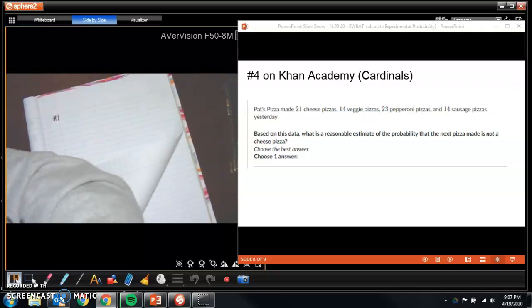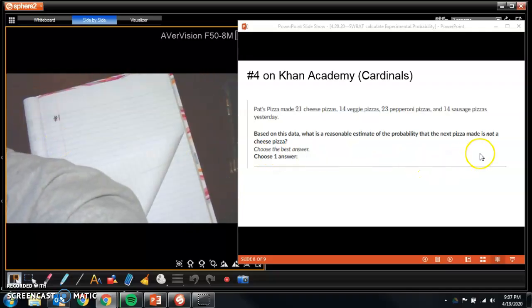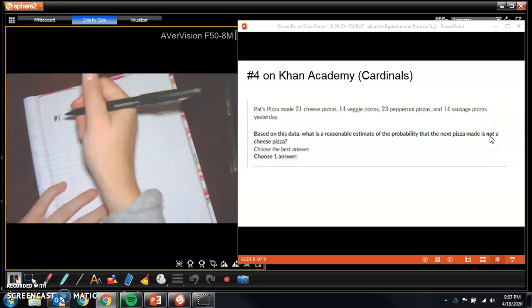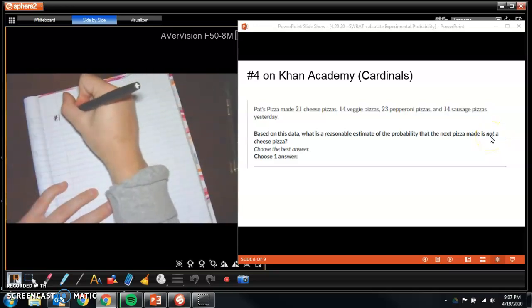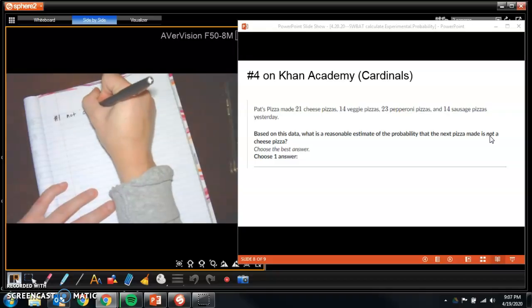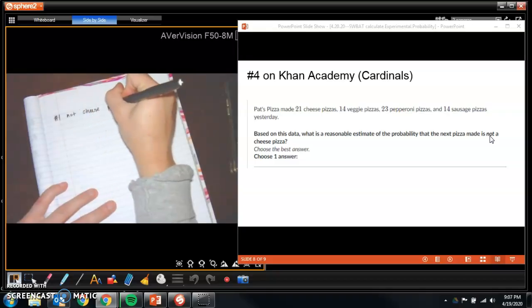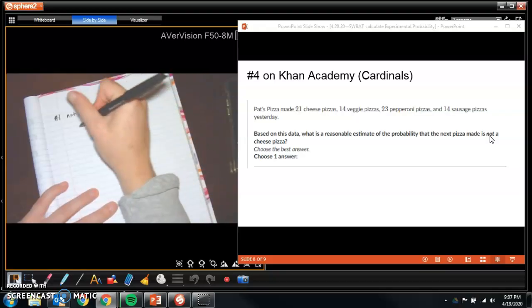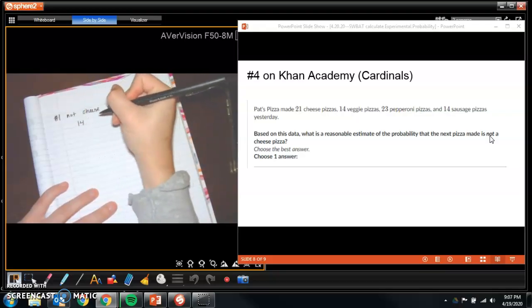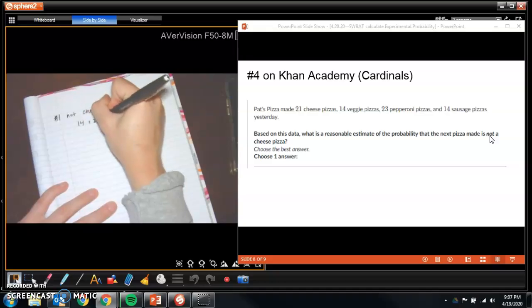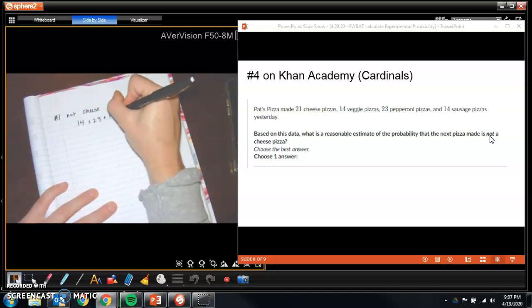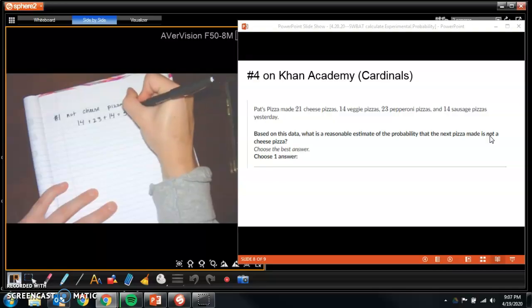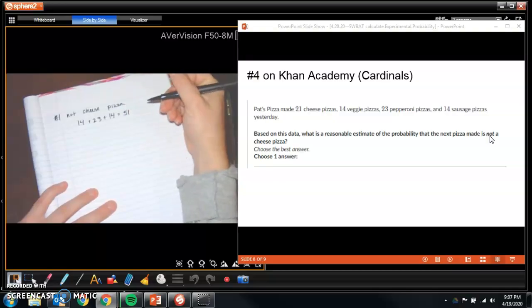So, referring to our criteria for success number 1, which is to identify the favorable outcome. The favorable outcome in this problem is not cheese pizza. I need to make sure I pay attention to that in the word problem. So to do that, I'm going to add all of the totals that are not cheese. 14 for veggie, plus 23 for pepperoni, plus 14 for sausage, and I find out that there are 51 pizzas that are not cheese total.